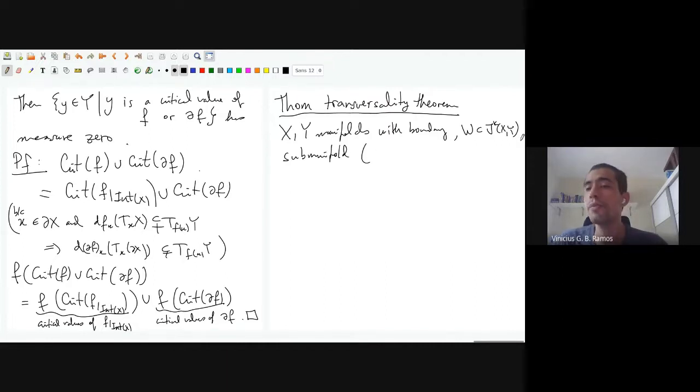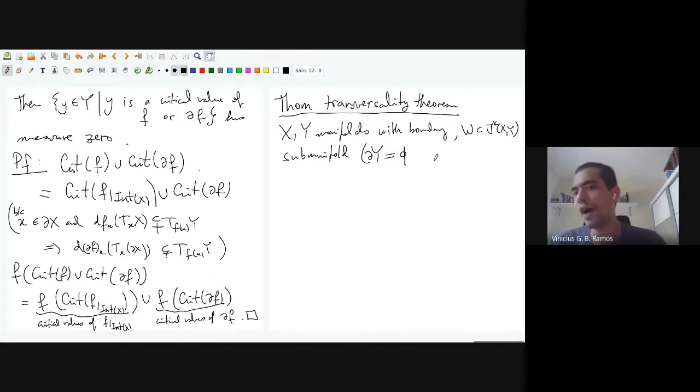But I actually want to assume, for this to make sense, to be a manifold with boundary, that the boundary of W is empty. No, sorry, this is not true. Sorry, one thing at a time.